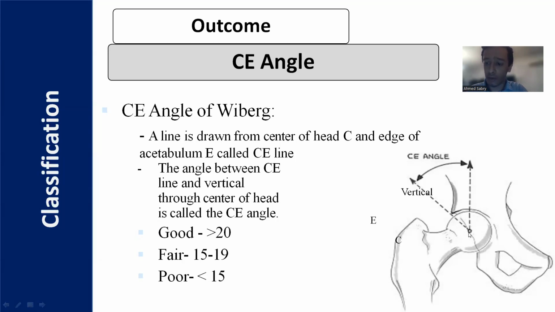Now Ahmed, how do you draw the line from the center? We determine the shape of the femoral head. We put the first point, the center of the head, and then we make a longitudinal line upwards.